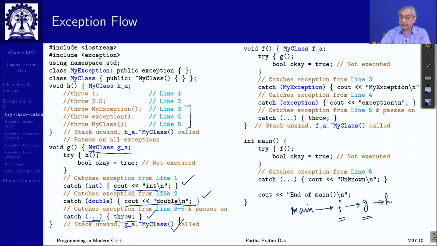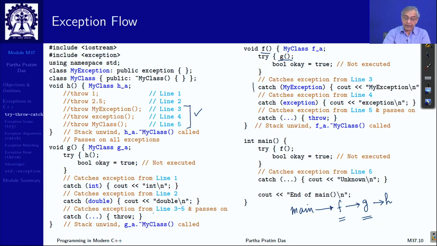Now, as G is thrown, the actions on line 3, 4, 5 are not still known. As G is thrown, it comes back to F, which had called G under the try block.